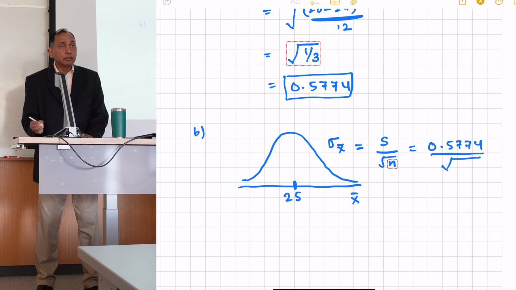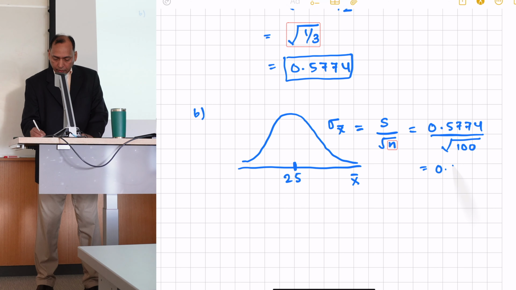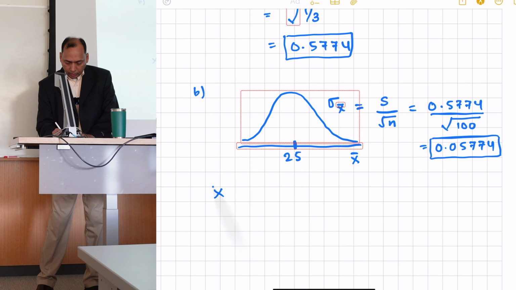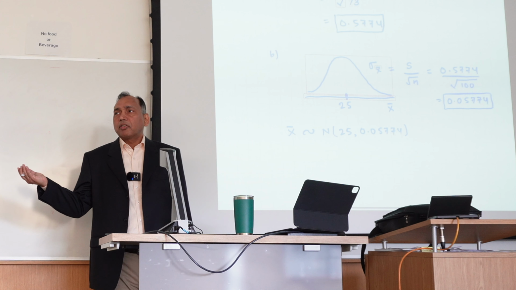How much is n? 100. Basically it becomes 10. So 0.05774. Distribution of x bars will be normal with mean 25 and standard deviation 0.05774.